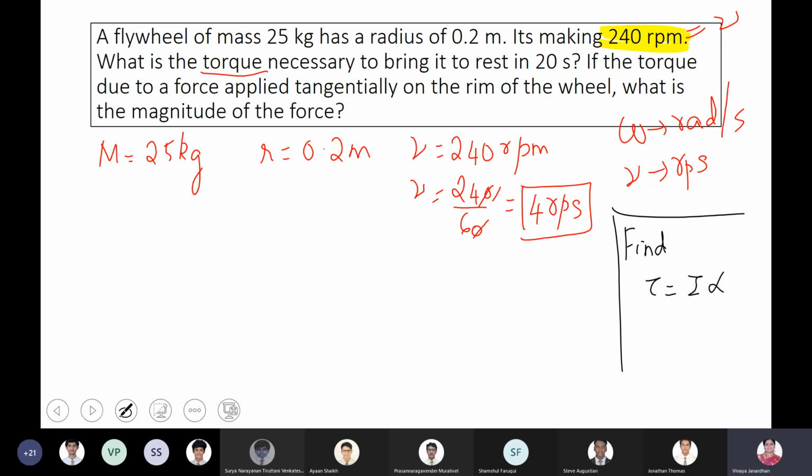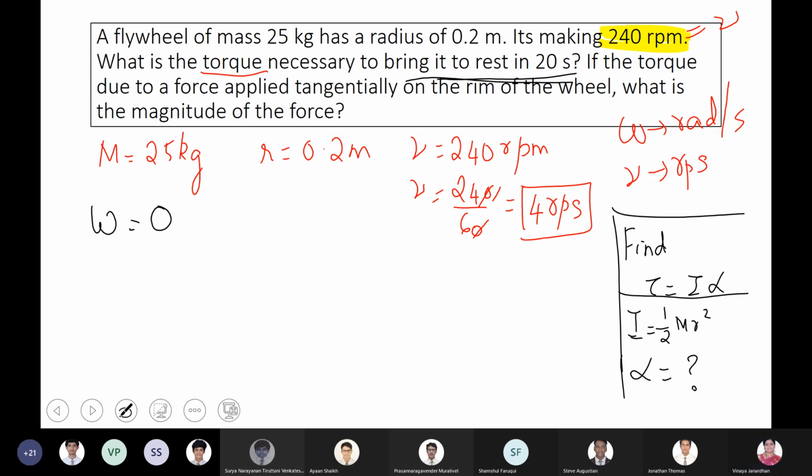So how will I find I for the flywheel? For a flywheel, I is equal to half m r squared. M is given, r is also given. Next I have to find angular acceleration. The body comes to rest, which means the final angular velocity omega is 0.